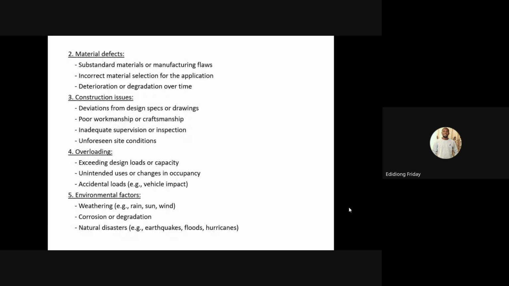So the next cause of failure is material defects, substandard materials or manufacturing flaws. Okay, this is very, very key in your design. I remember in the class I taught on Total Structure, I told them about an instance where you're designing with reinforcement, and your reinforcement steel in your design is 410 Newton per millimeter square.